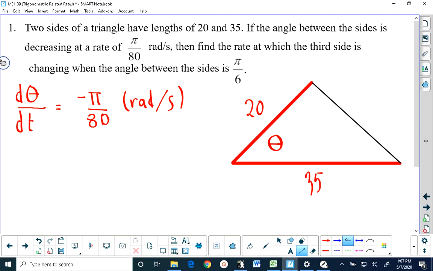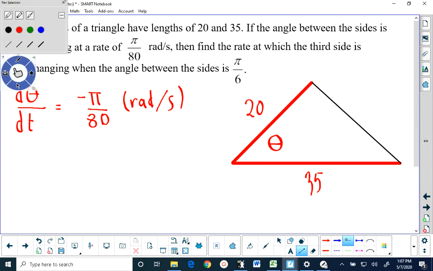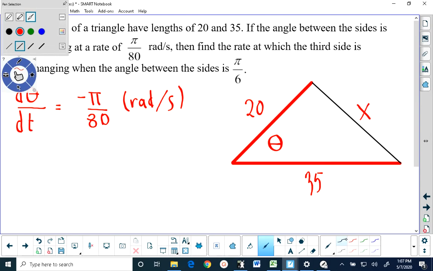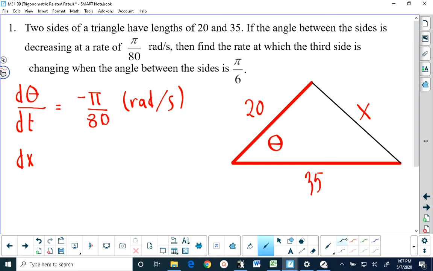And we're asked to find the rate at which the length of that elastic is changing. So we have to introduce a variable for that. Doesn't really matter what we choose to call it. I'm going to choose to call it x. And that means that in our list of rates of change, we are asked to find dx dt.